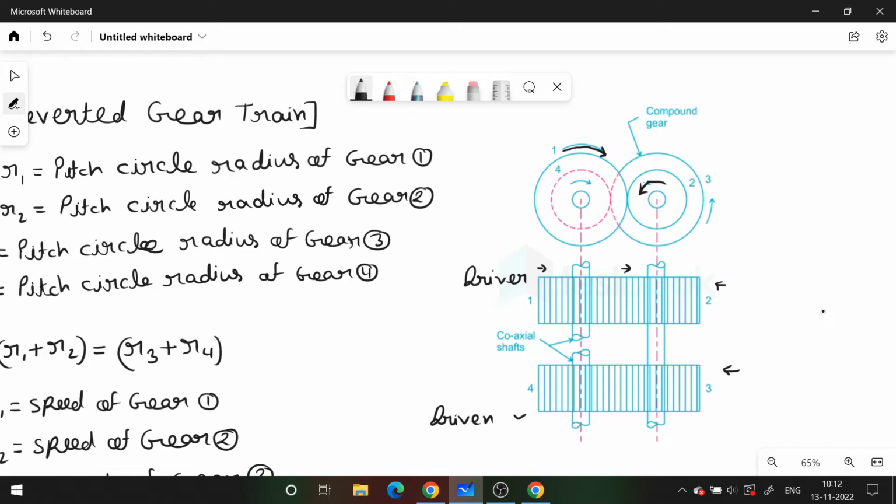If gear 2 is rotating in counterclockwise direction, then since gears 2 and 3 are on the same shaft, gear 3 also rotates in counterclockwise direction. If gear 3 is rotating in counterclockwise direction, then since gear 3 meshes with gear 4, gear 4 will rotate in clockwise direction.